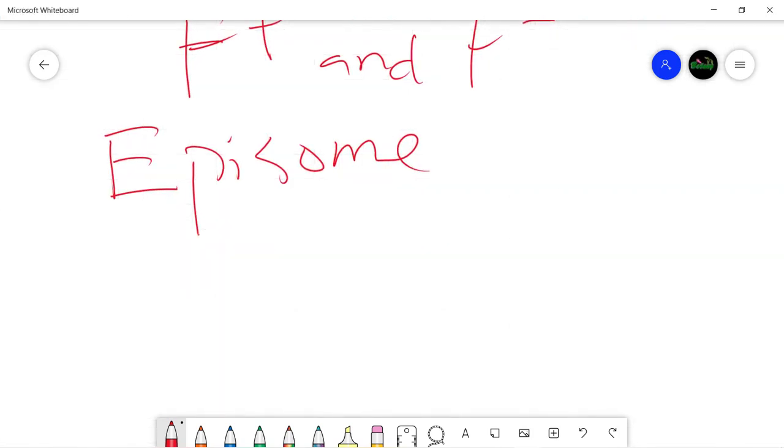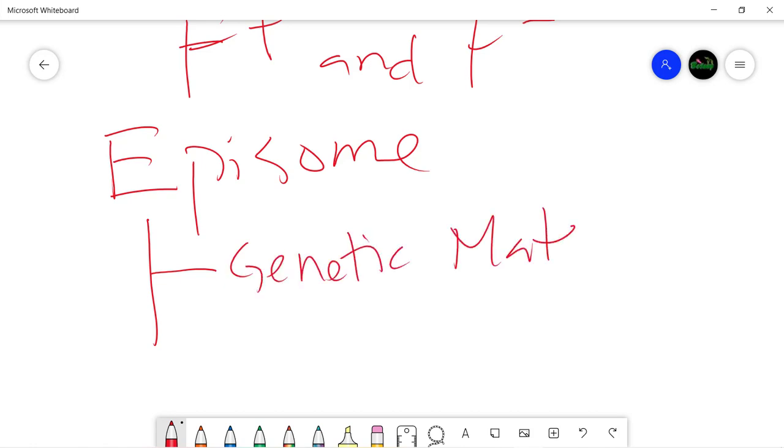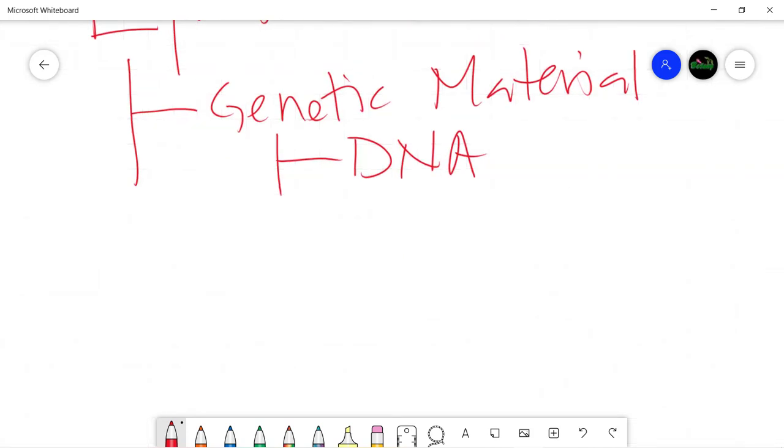As I just said, the F plus cell becomes F plus because of an episome. The episome is genetic material, and as I said earlier, it is mostly DNA. DNA of what? DNA of phage.